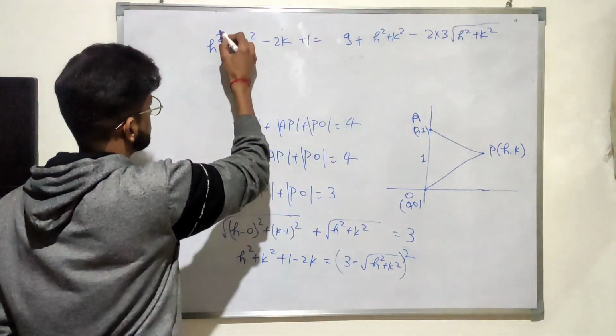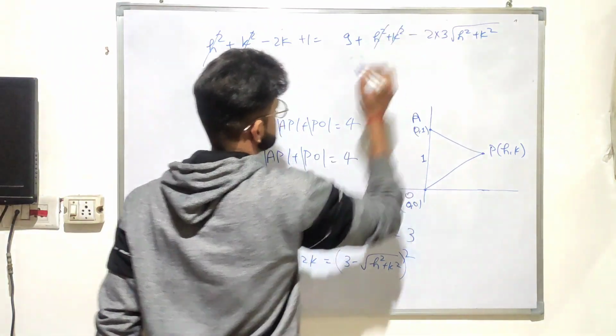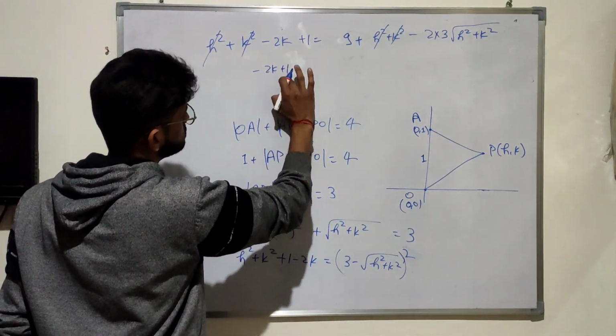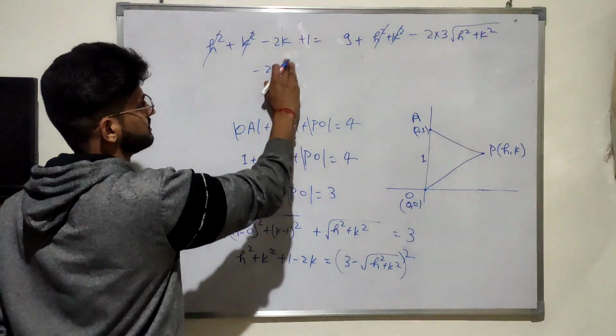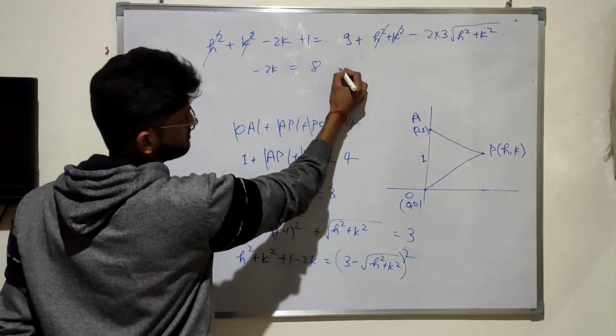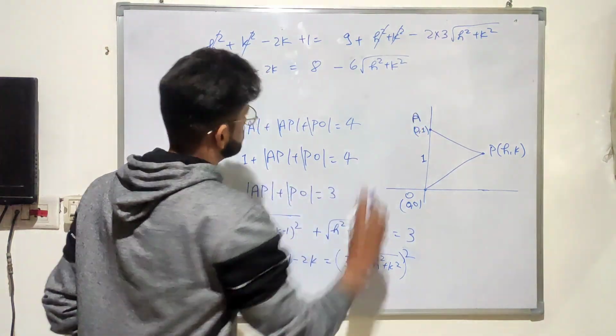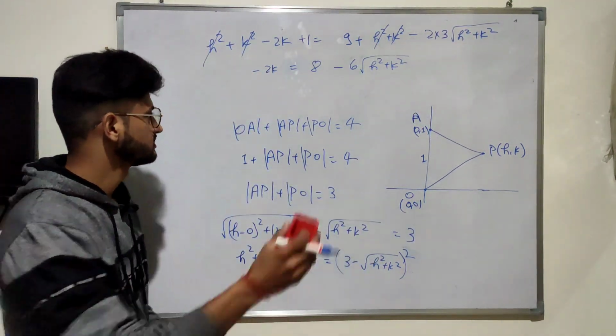After more simplification, H square plus K square got cancelled. So from here we got minus 2K plus 1 equals, also 1 can be sent to the right side, so it will be equal to 8 minus 6 root over H square plus K square. So we need to solve it further.